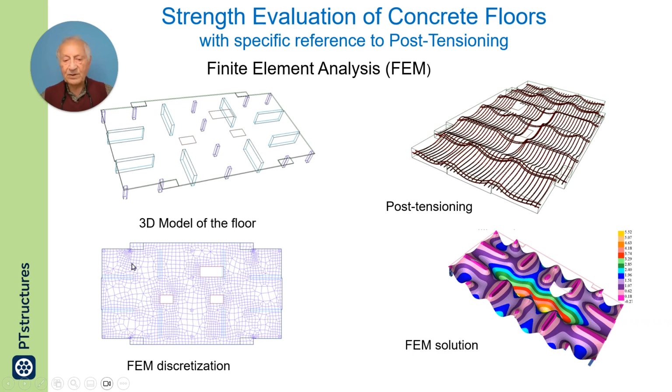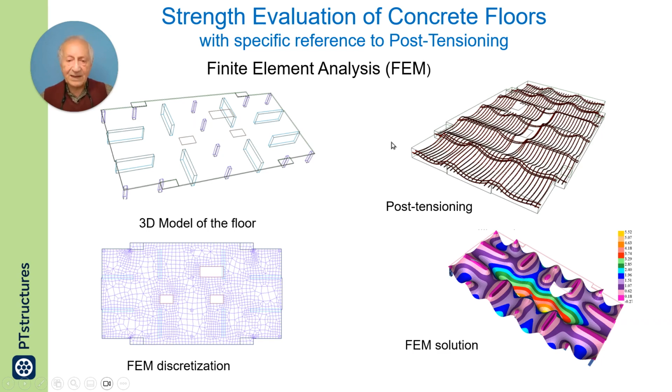The strip method does not include the option of the demand on one strip being shared by the strip next to it. So each strip is looked at independently, in isolation. Finite element overcomes that restriction.